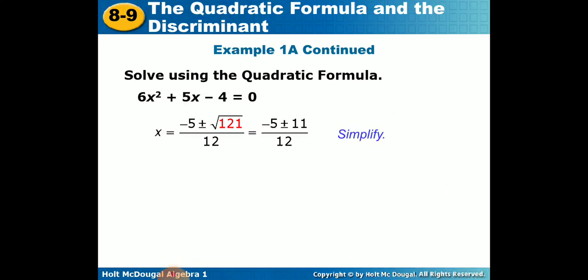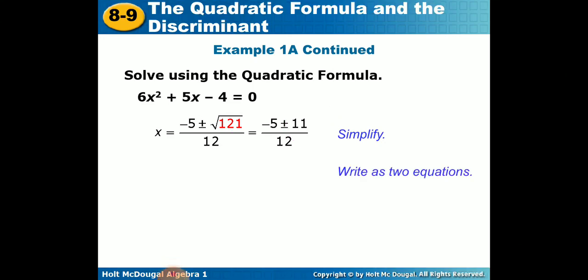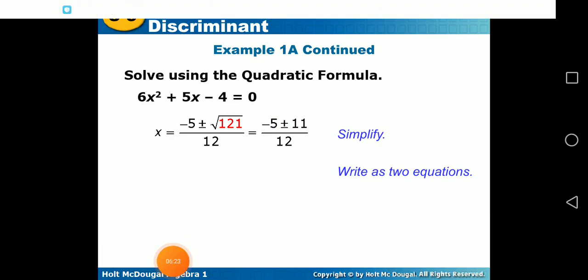Using the calculator, it's the square root of 121, which is 11. Even without the calculator, it's 11 times 11. One time positive and one time negative, because we have plus or minus, so we have two options.